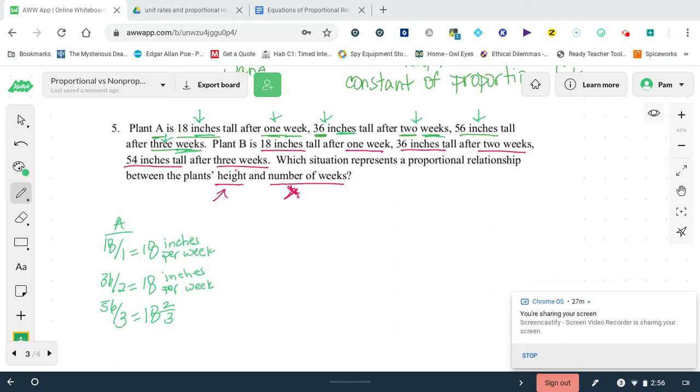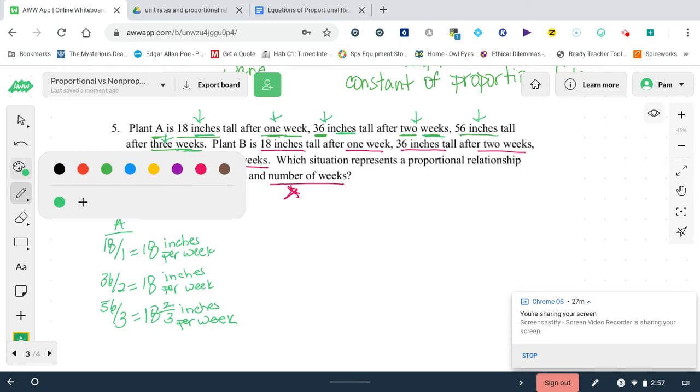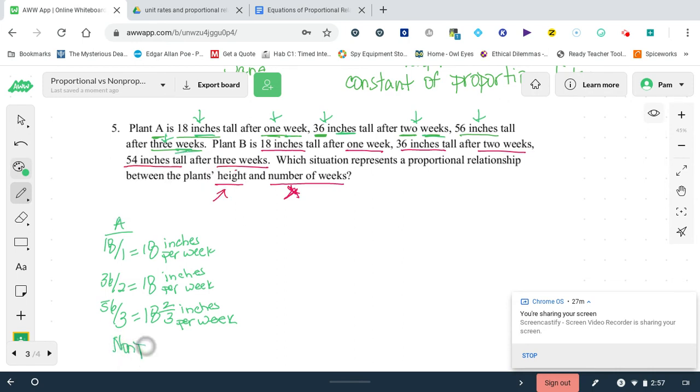This was 18 and 2/3 inches per week. So the amount changed. So I automatically know that this is non-proportional, which means that plant B is proportional, but we're going to show the work.